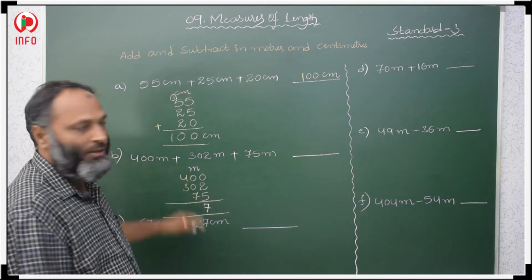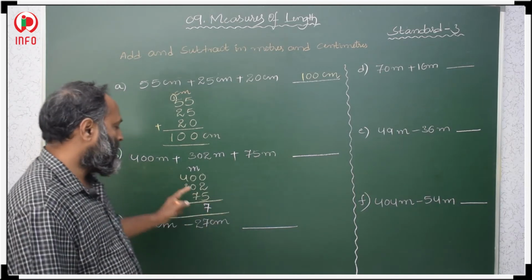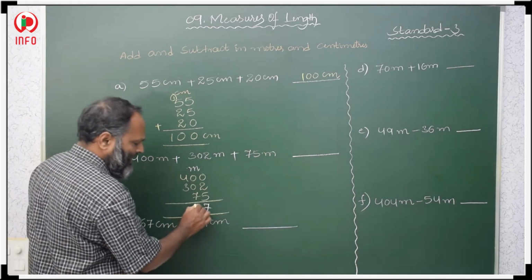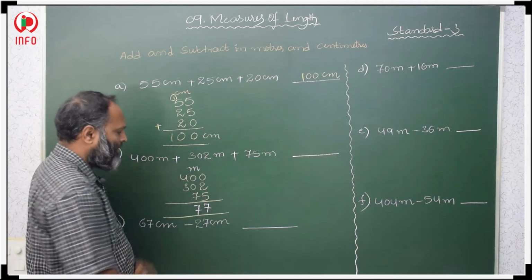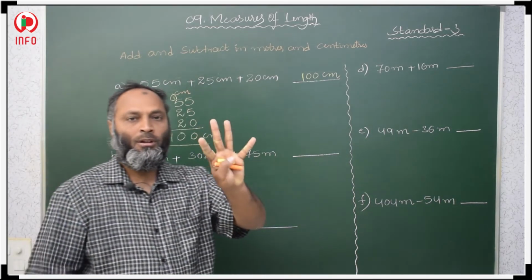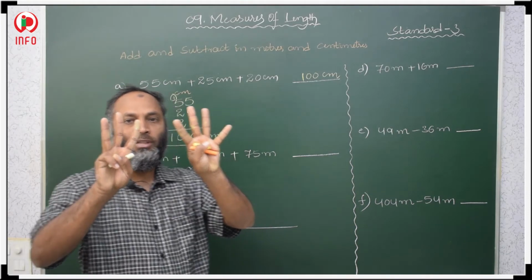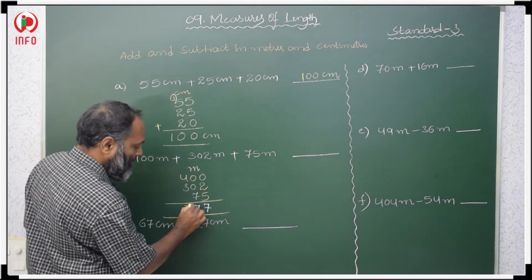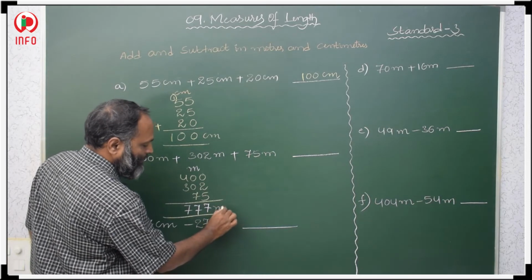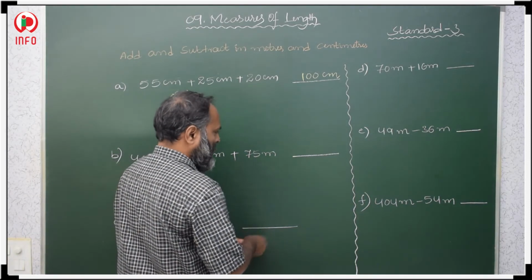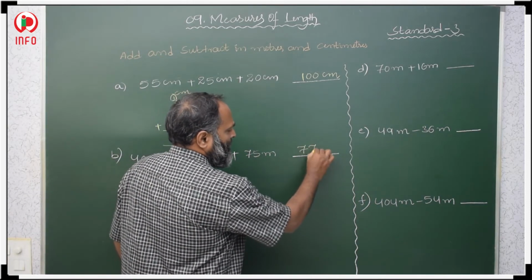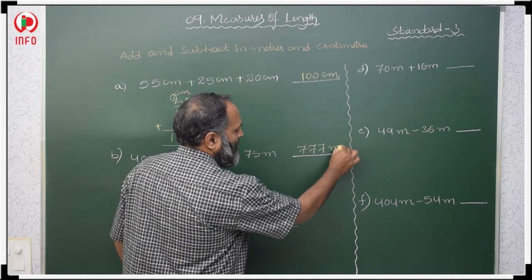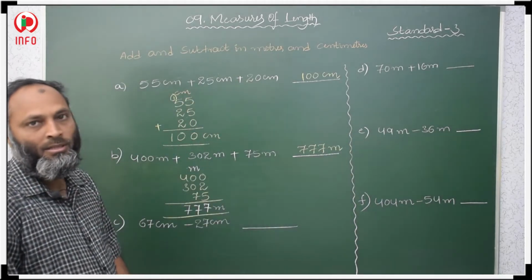Then 0 plus 0 is 0, 0 plus 7 is the number itself, 7. 4 plus 3, 7. Then 777 meters. These are in meters.